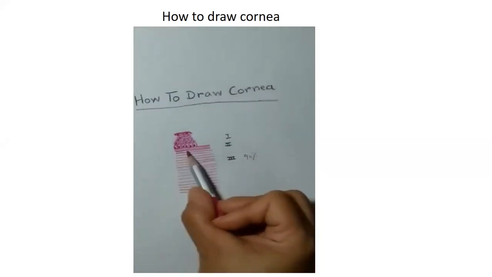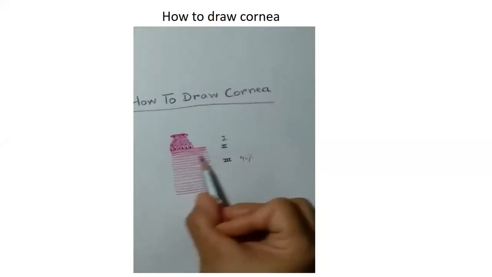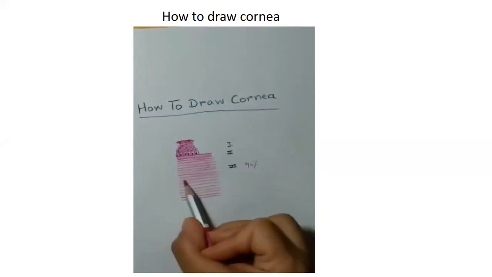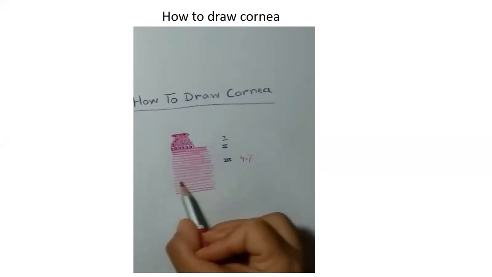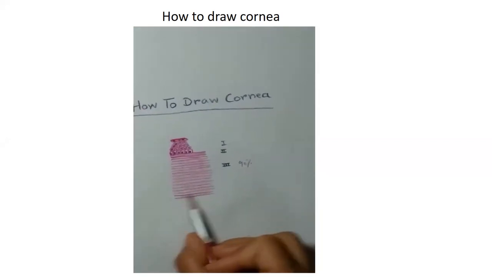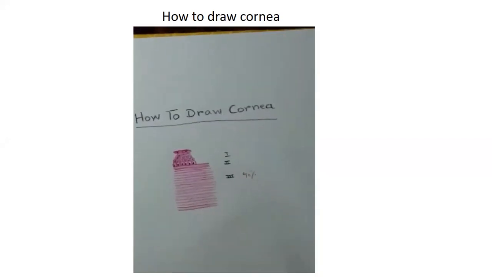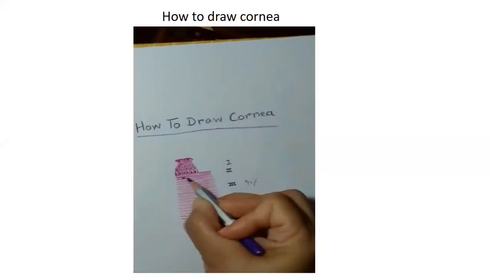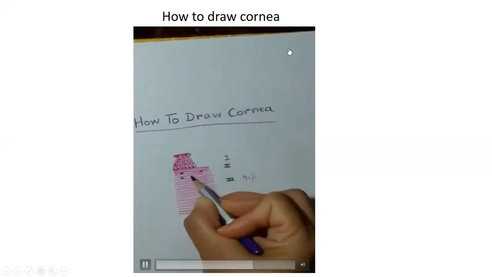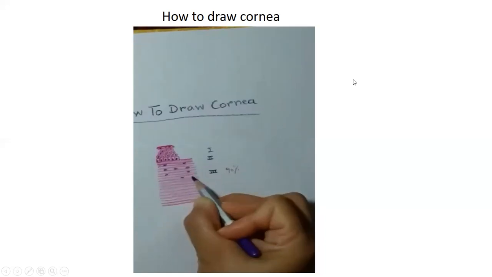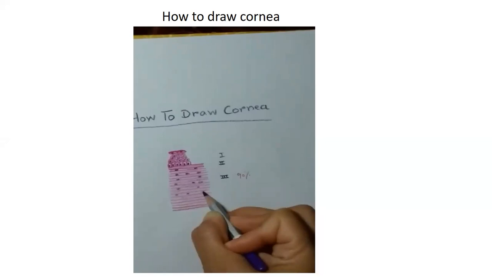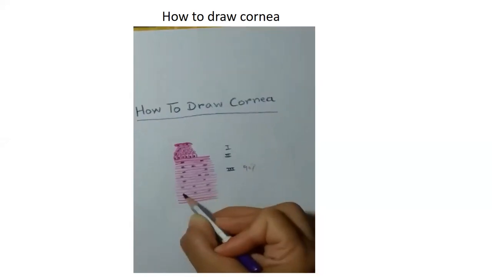These fibers are embedded in the ground substance, and interspersed between these collagen fibers are nuclei of fibroblast-like cells that are given the name of keratocytes here. So I'm going to draw nuclei of keratocytes. These are flattened nuclei interspersed between collagen fibers. Substantia propria gives toughness to the cornea.